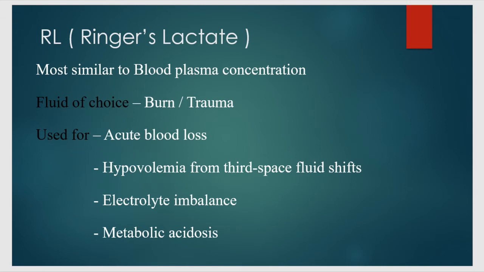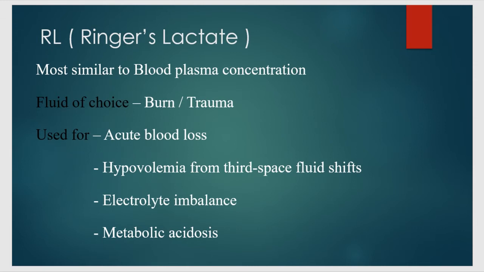If any patient is presenting with electrolyte imbalance, again this Ringer lactate should be used preferably, not the normal saline in this case. And any patient presenting to us with metabolic acidosis with reduced blood volume or plasma volume, again the choice is Ringer's lactate. In metabolic alkalosis, normal saline.